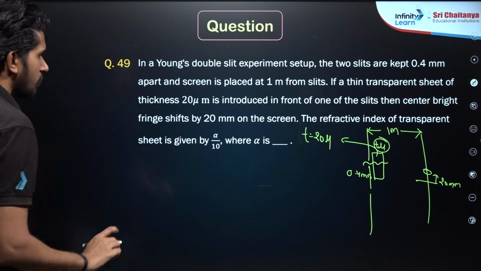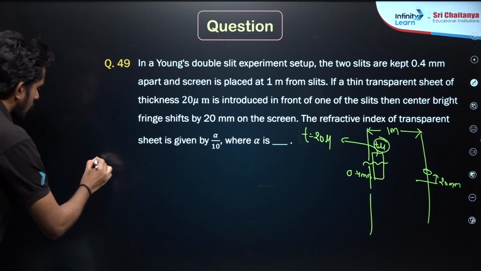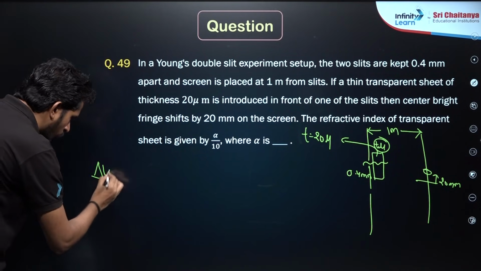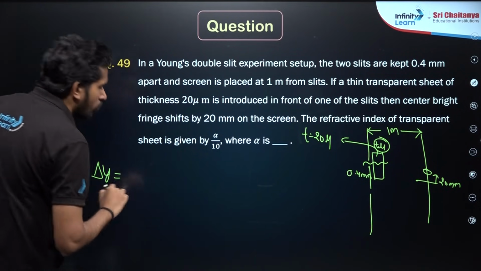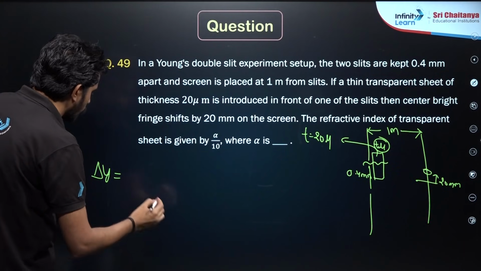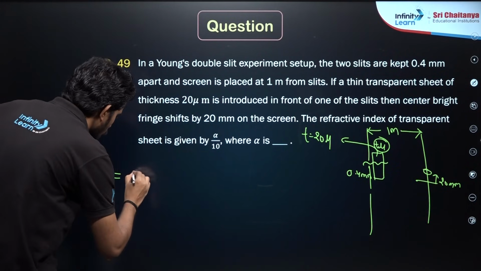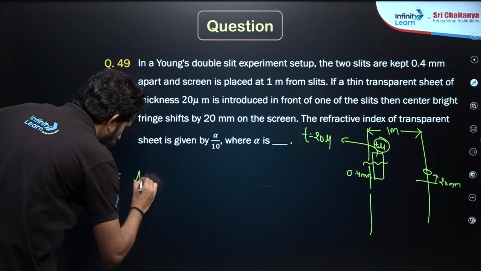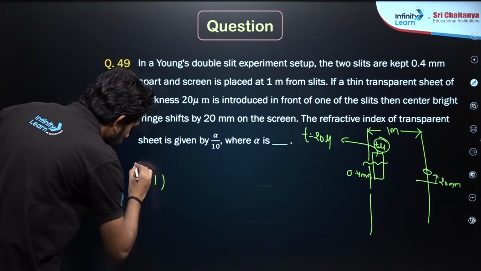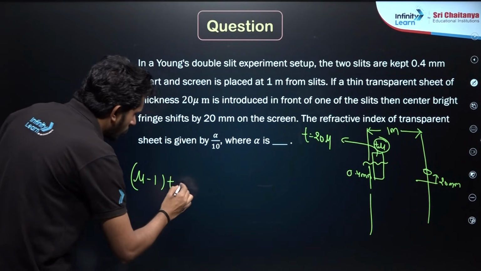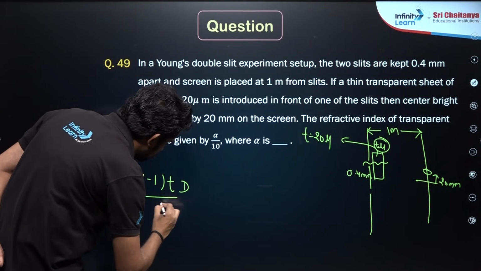So basically that shift formula is (mu minus 1) into T into D by d.